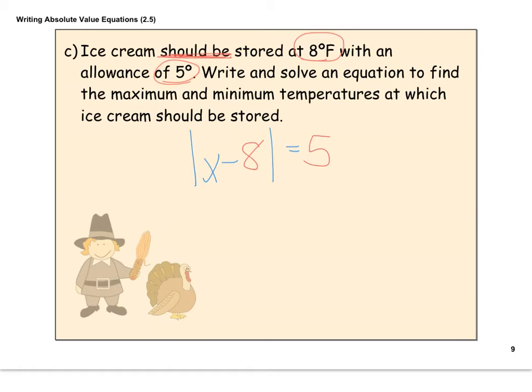Here's our equation. And then to find the maximum and minimum, that means that we solve. So x minus 8 equals a positive 5, and x minus 8 equals a negative 5. Keep change, minus a negative 8.